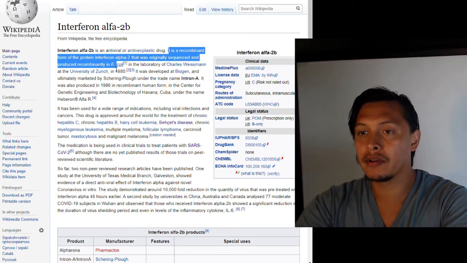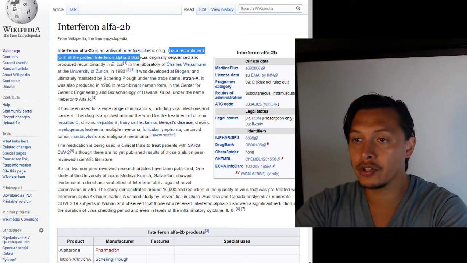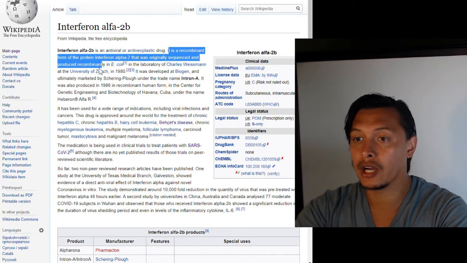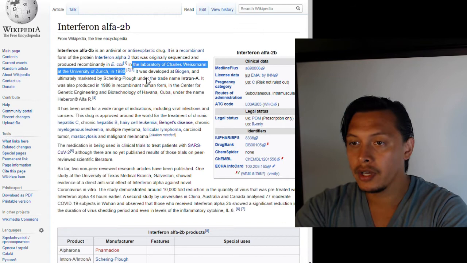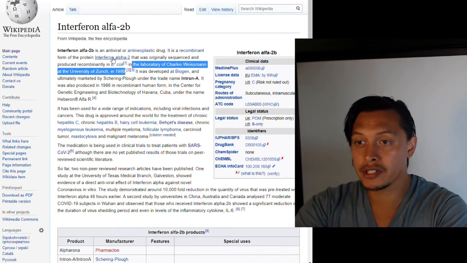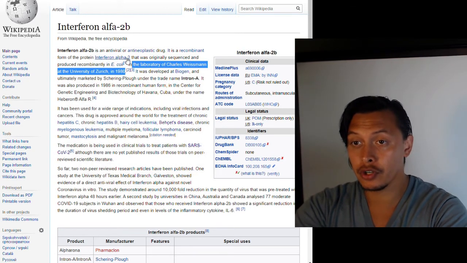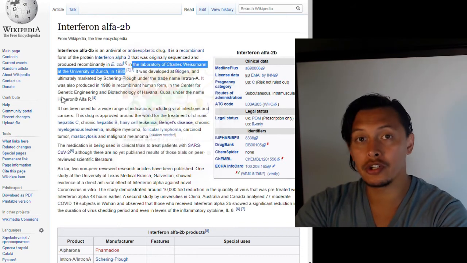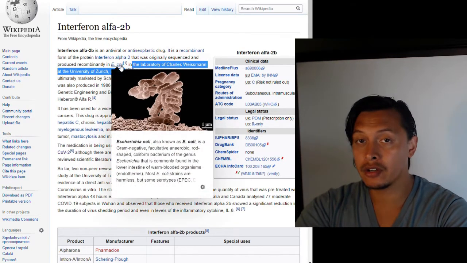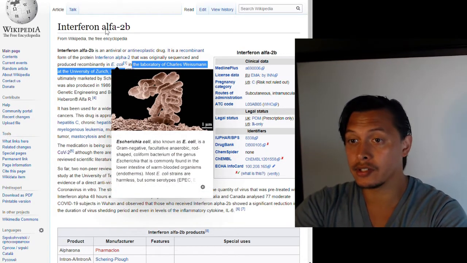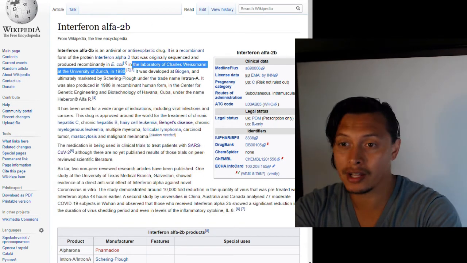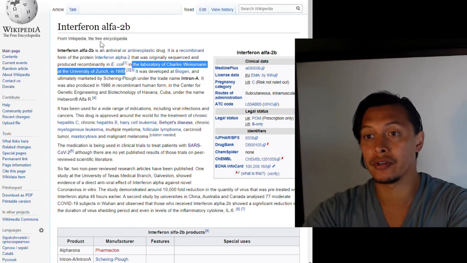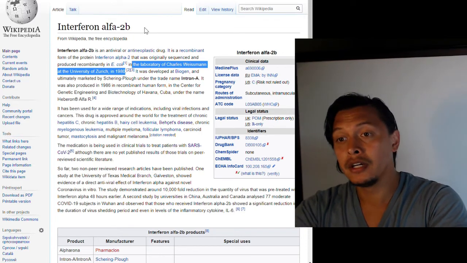And it is a recombinant form of the protein interferon alpha 2 that was originally sequenced and produced recombinantly in E. coli in the laboratory of this person. So basically, they were able to take interferon alpha 2 and put it into E. coli, and the E. coli secretes this into the environment, and then they can market it and sell it as a replacement for interferon alpha 2.